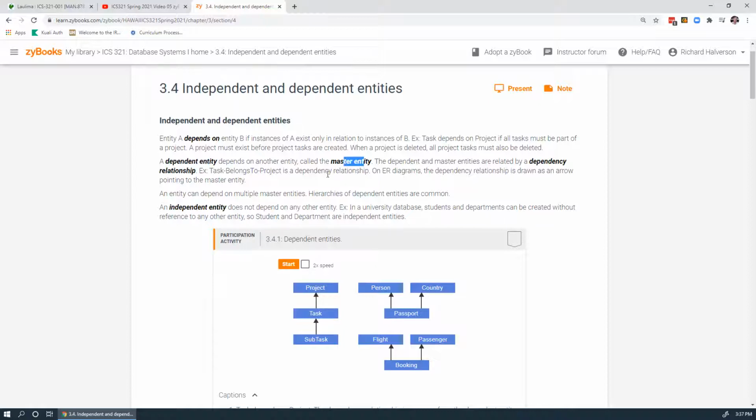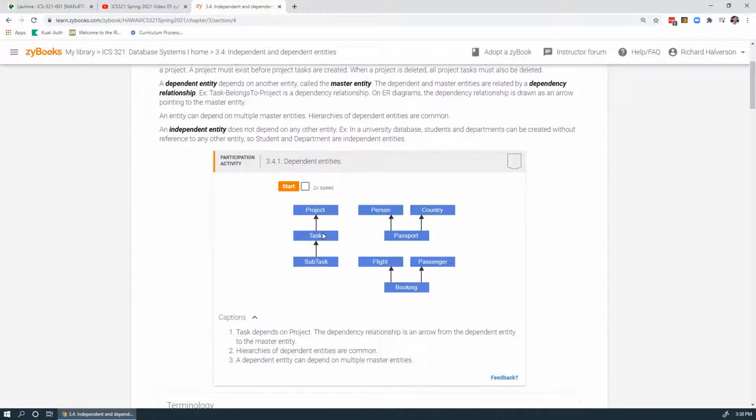If you abolish the building, you abolish all of the entities that depended on the master entity. These are expressed like this: you have projects, tasks, and subtasks, expressed using these upward arrows.